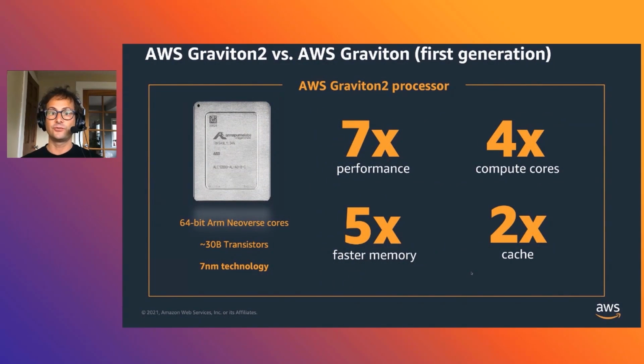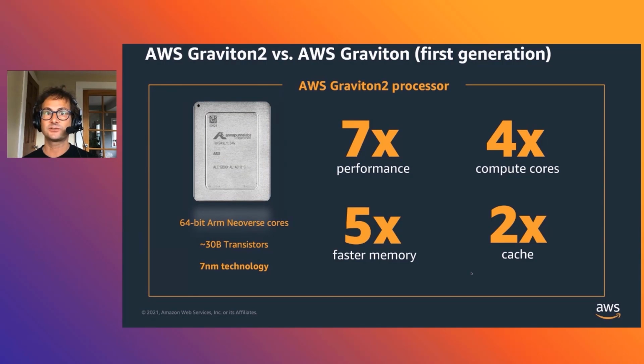Compared to our first generation of Graviton processors that we released in 2018 and that were powering the A1 instances, the Graviton2 processor is a totally different beast. It has 7 times overall the performance of the first generation.